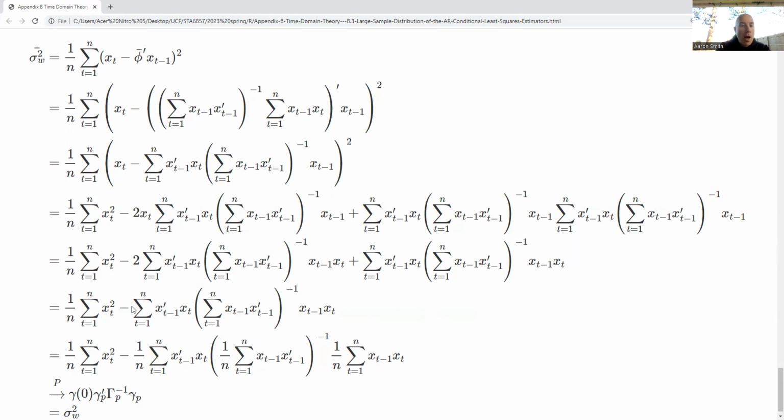I'm going to take the n on the bottom and put it with one part over here. You'll notice it's going to end up in this position. Now, I have an n, but I want to bring it on the inside, so it's going to be 1 over n.